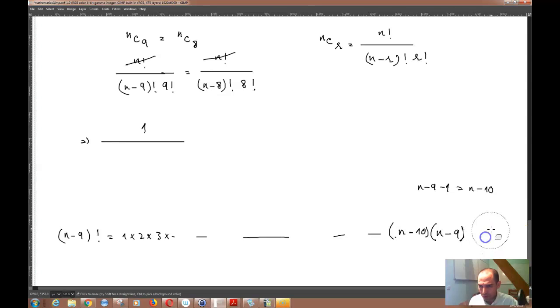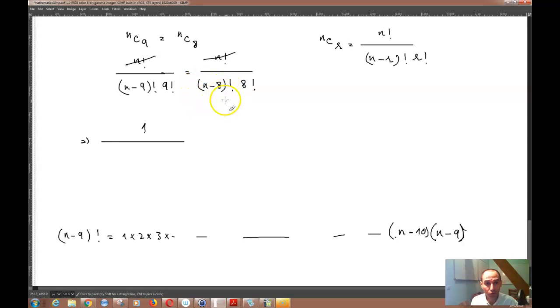So that means that n minus 9 factorial, I can write it as 1 times 2 times 3 all the way up to n minus 9, and the term previous to n minus 9 would be n minus 10, which is of course not going to help me much here, because I want to find a way to simplify these two together, n minus 8 factorial and n minus 9 factorial.